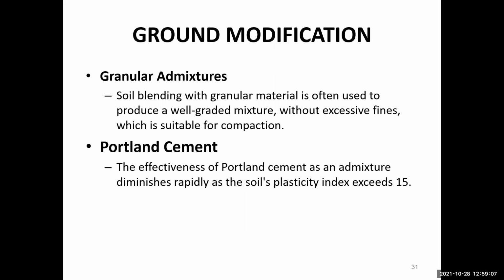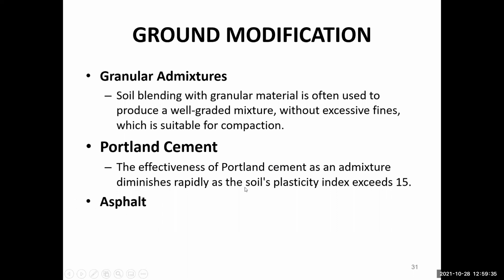The effectiveness of Portland cement as an admixture diminishes rapidly as the soil's plasticity exceeds 15. Portland cement can also be used, but if the soil is quite plastic, that means the soil can deform quite a lot, which is measured by the plasticity index, and the effectiveness of Portland cement has been found to be not too much.